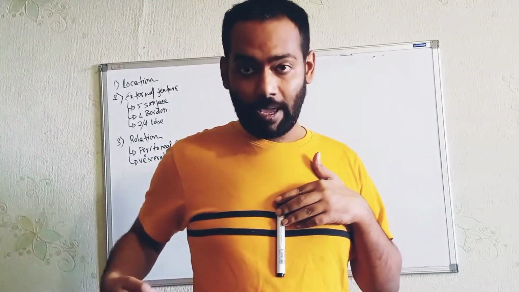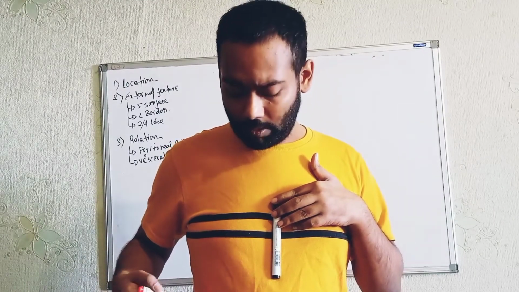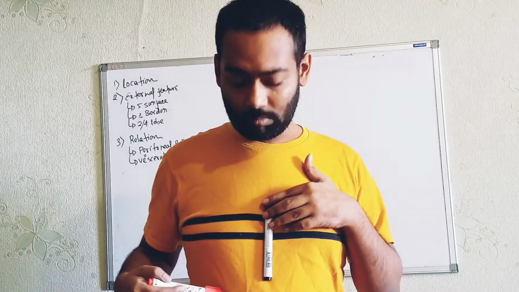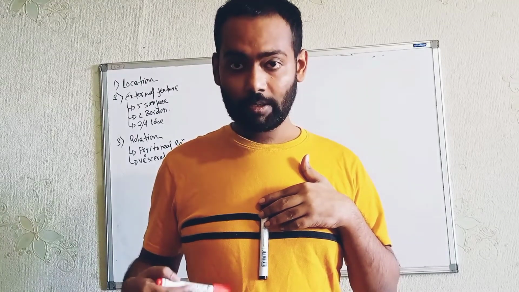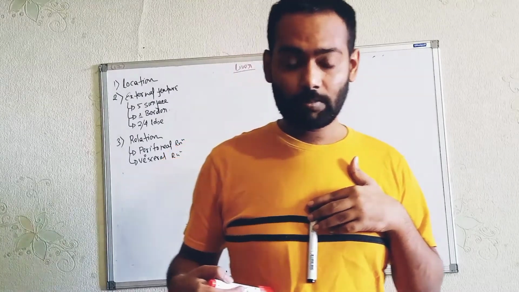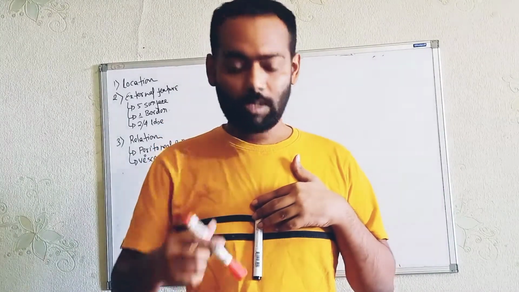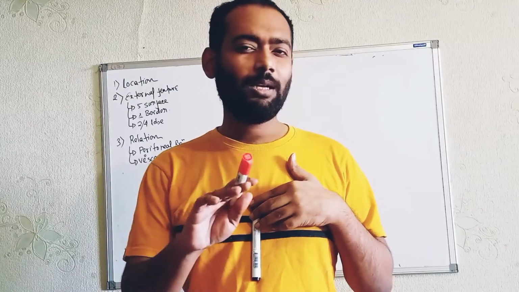Again, what we got here? Kidney and suprarenal gland. What we got here? Ascending colon, and then transverse colon and colonic flexure, right? Colonic flexure.